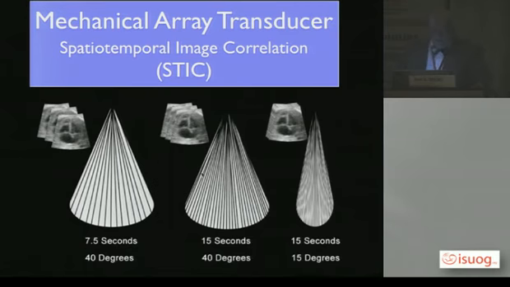There are several settings. First we have the setting in seconds: 7.5 seconds, 15 seconds. Let me just illustrate what happens. If we have a collection of 7.5 seconds over 40 degrees, one has the corresponding images that are collected from the STIC acquisition.